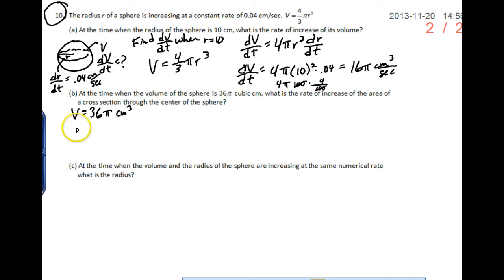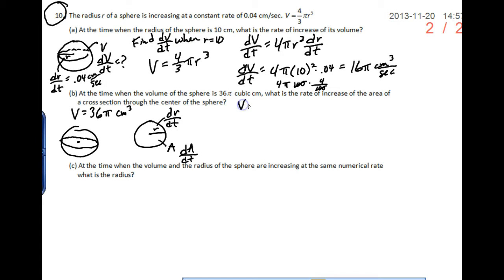Well, if you take the sphere and you go through the center and you make a cut, you have just created a circle, a two-dimensional thing. So we have a circle with a particular radius, and it has an area. Now, if the radius is changing, there is a dr/dt, and the area is changing, so there is a dA/dt.